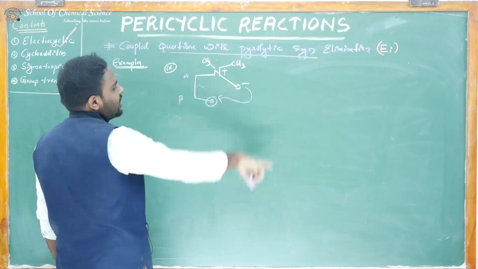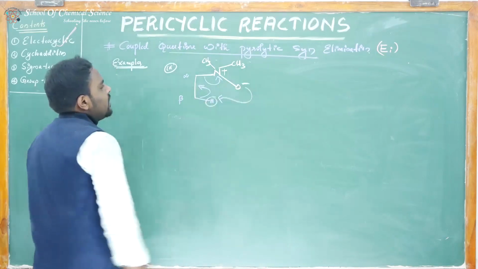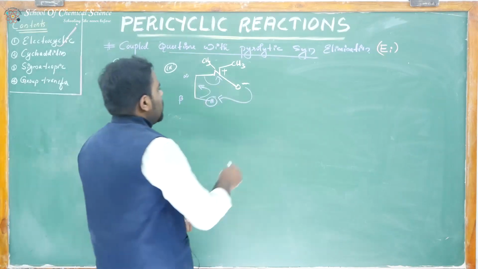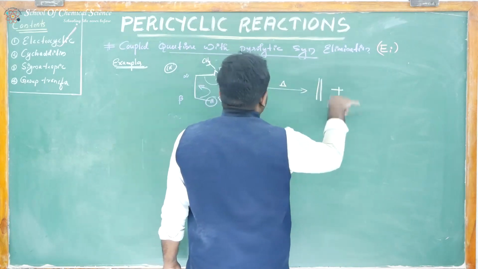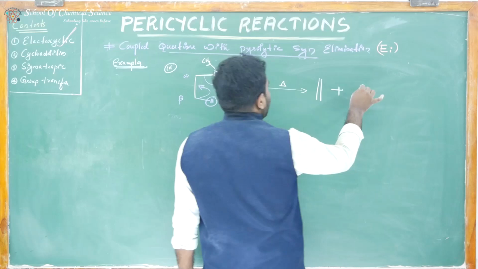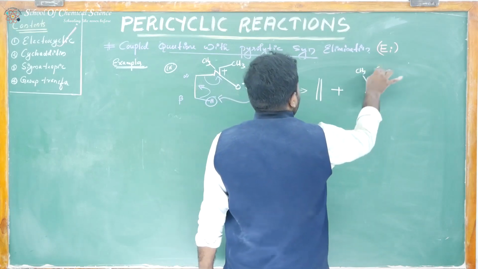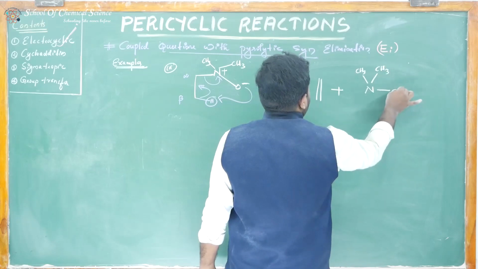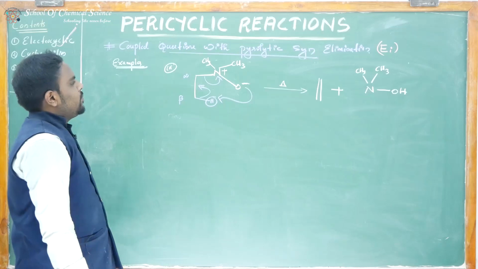This O minus will interact with the beta hydrogen. This bond is shifted towards here. This group is eliminated. So under thermal condition, you will get the product, an alkene, plus the byproduct, N CH3 OH. N CH3 OH is the byproduct.